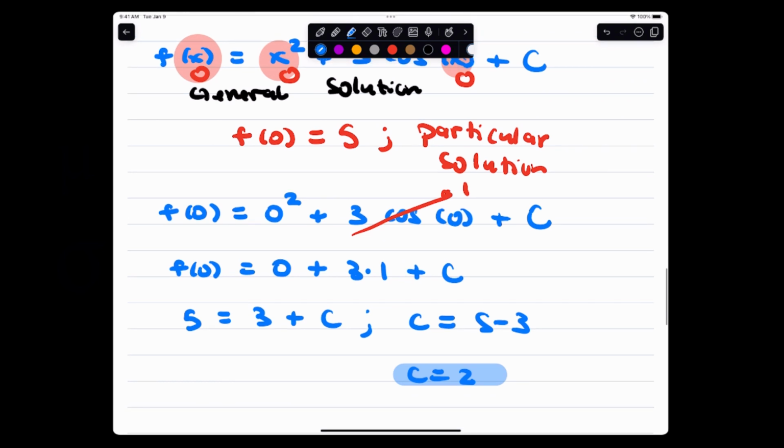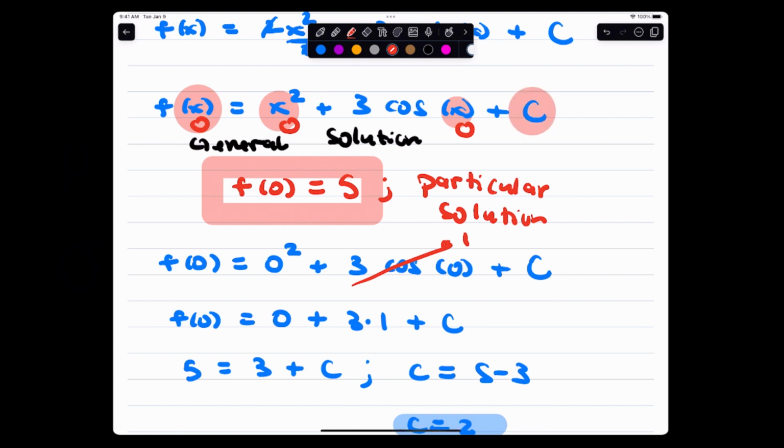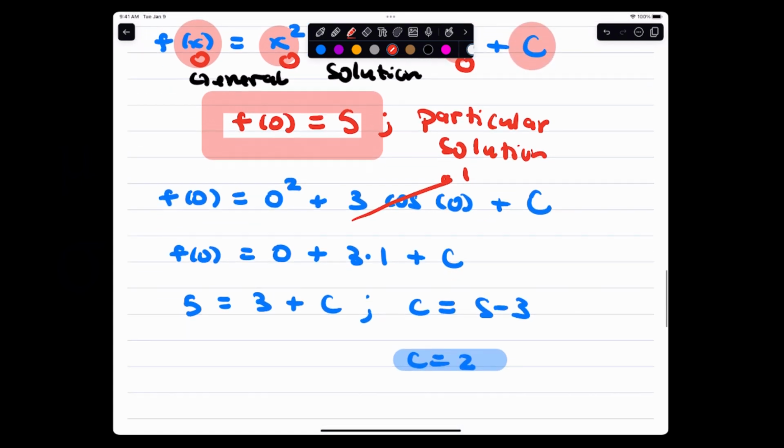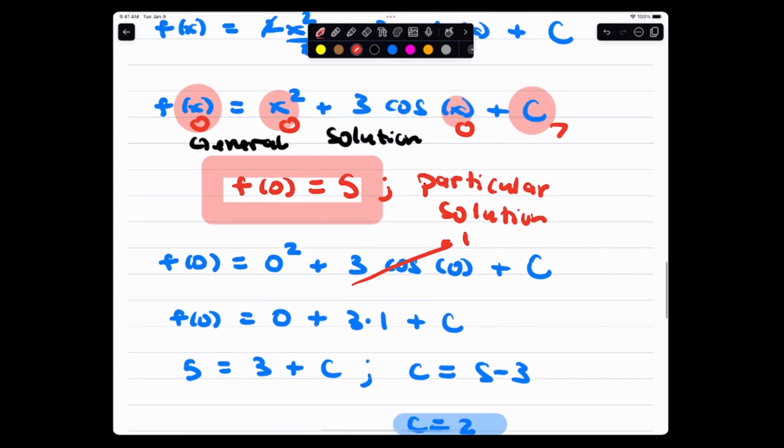So when you apply the condition that they give you, ladies and gentlemen, that gives you the constant value c now. What is the value of c here? 2.